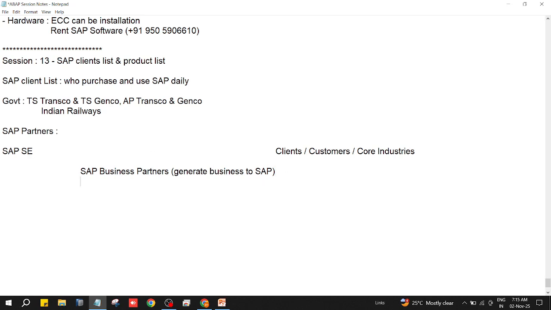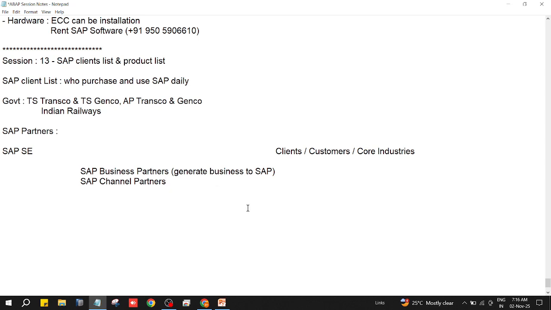Then the second one is SAP channel partners. Some IT companies, software companies are registered as channel partners. Channel means, we know news channel, right? Somewhere an incident happens, but we are watching that incident while sitting at our home, correct? The channel acts like a media or communicator between that place and us. Similarly, channel partners act as an intermediate partner between SAP and the clients.